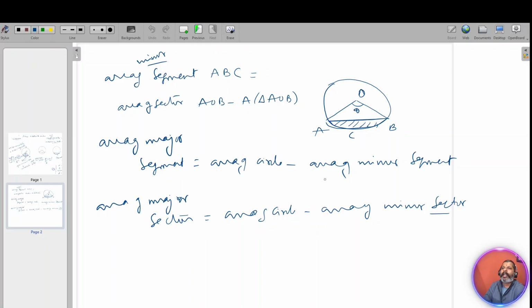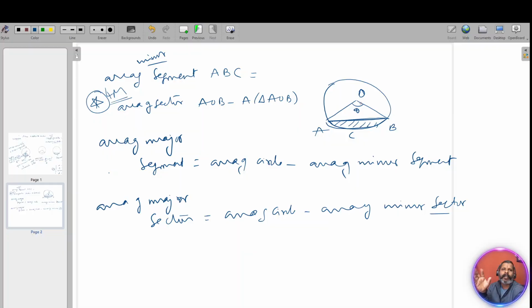Remember, area of segment is very important. It's a 4-mark question. Direct question will be there in the exam. We will be using trigonometric ratios to find the length of AB here. Because area of triangle, how do you find? There are 2-3 cases. In a right angle triangle, half into base into height. There is no right angle triangle here, it's just AOB.